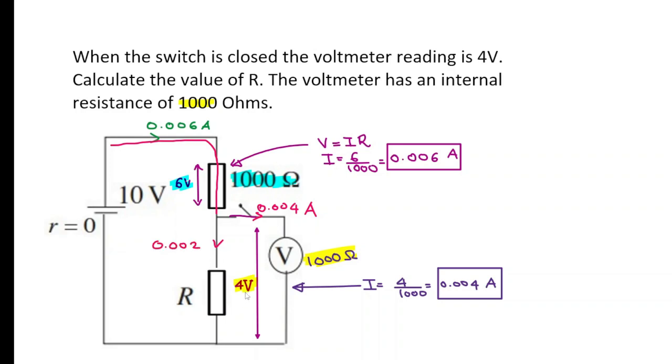I also know the voltage across it is 4 volts, so all I need to do is use V = IR for this one. R = V, which is 4, divided by 0.002. So the value of this resistor capital R is 2000 ohms. Done.